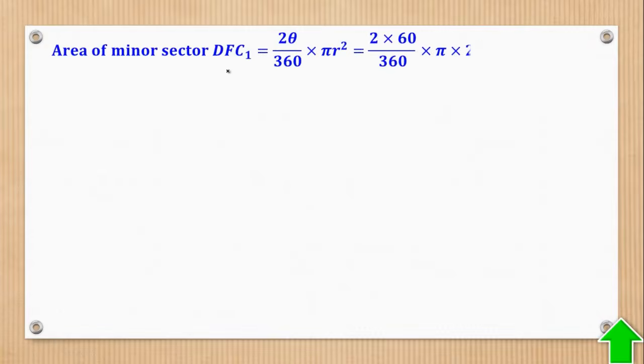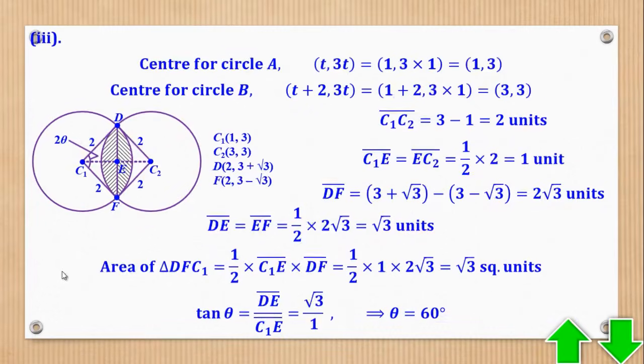Then the area of the minor sector DFC1, so the area of the minor sector is this. Remember the area of the triangle was only the whole of this, only this one.